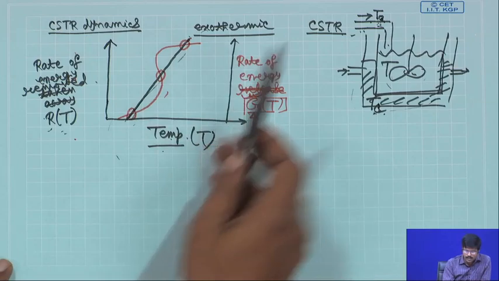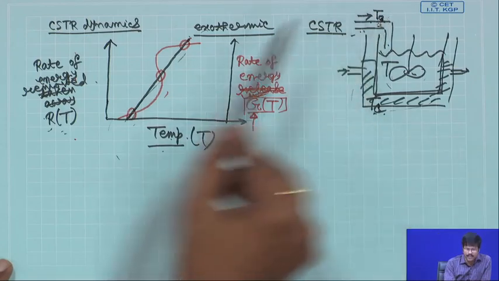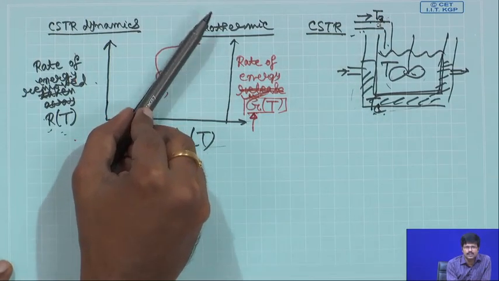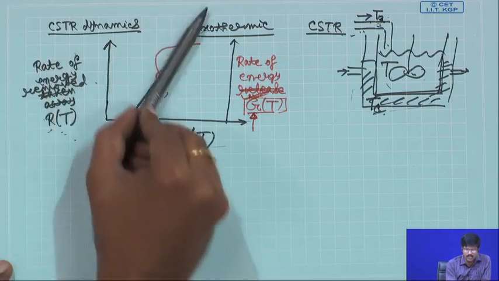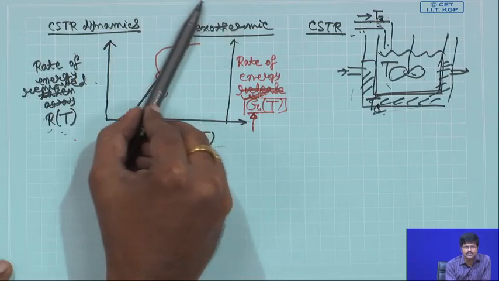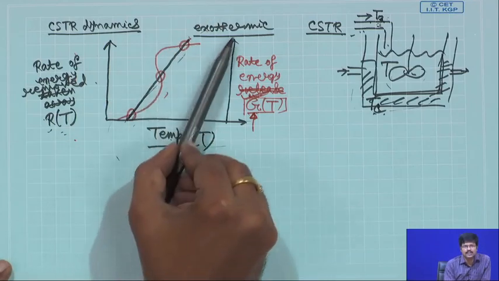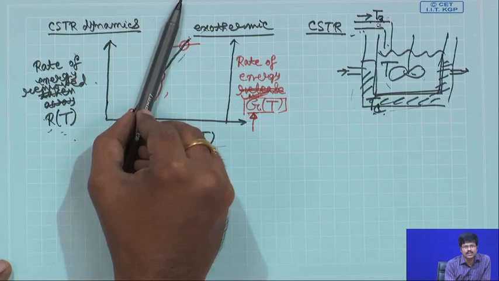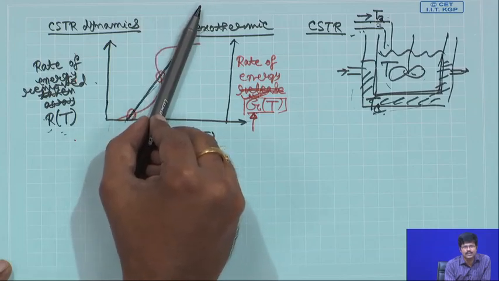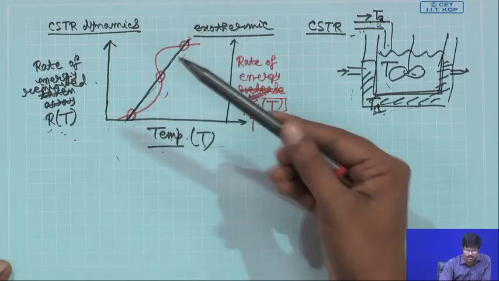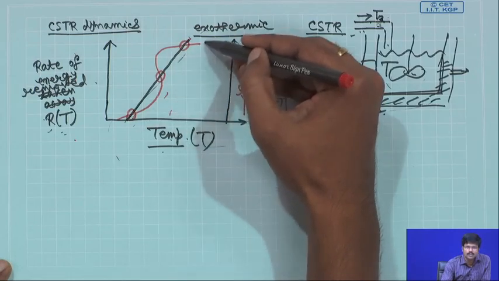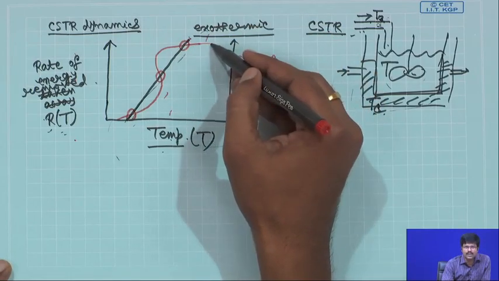As you change the inlet temperature, the linear curve will shift, maybe on this side or on this side. So, there may not be 3 intersections; there may be no intersection, or only one intersection. If it goes somewhere here, then there will be only one intersection point.